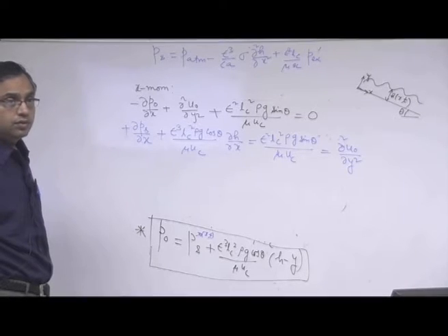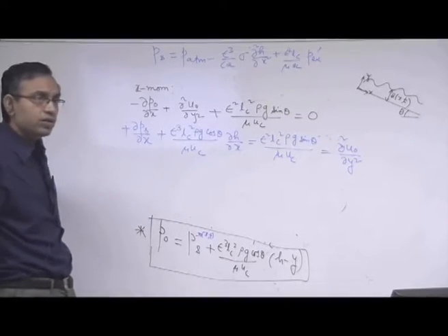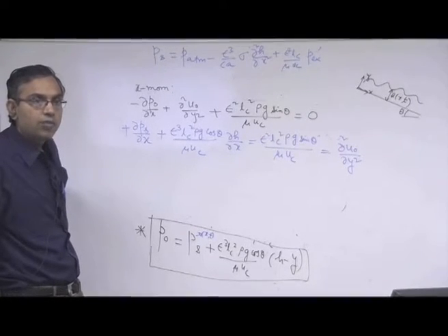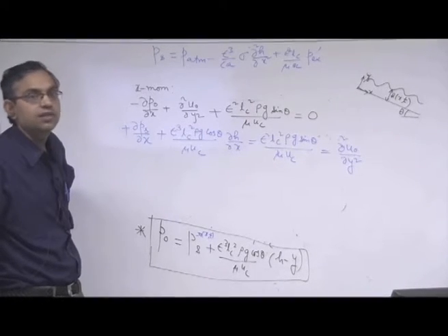Now, this gives an answer to the question that I posed, that although the film thickness is small, still we are considering the y momentum effect, and that effect comes into the picture because the pressure variation is with h and h is a function of x.